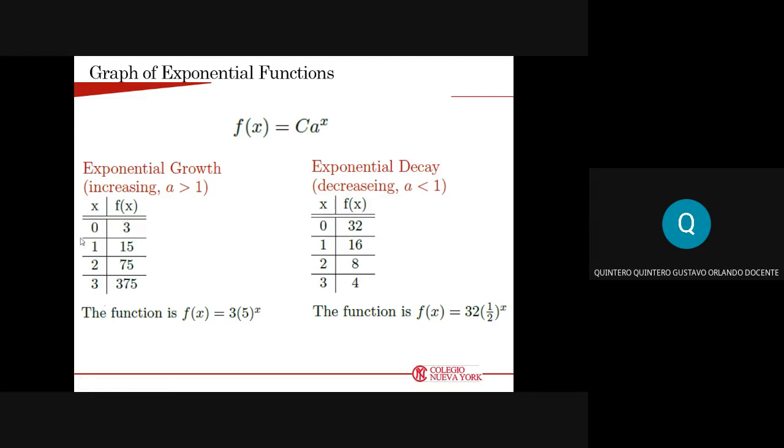When x equals 0, that is the initial value. And you can have it here. Look, when x equals 0, the value of the function is 32, which happens to be our initial value. Did you see? Again, when x equals 0, whatever the function is, it will give us the initial value.